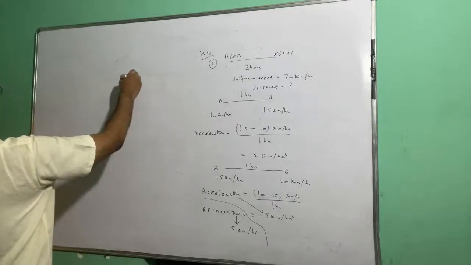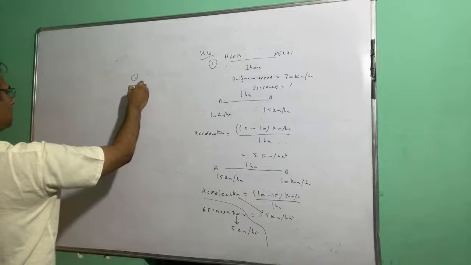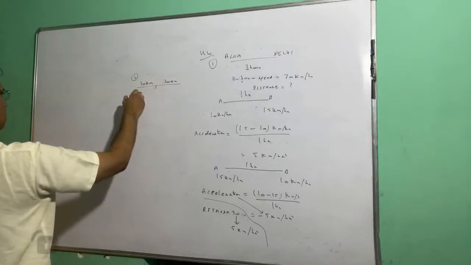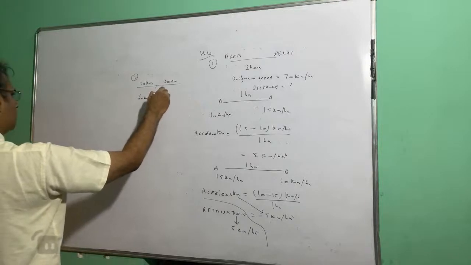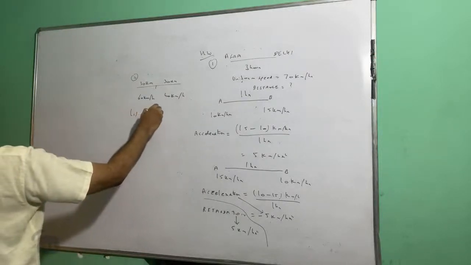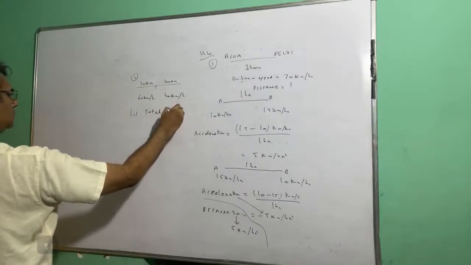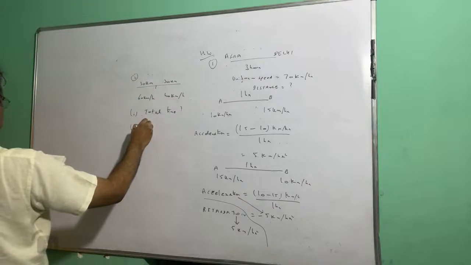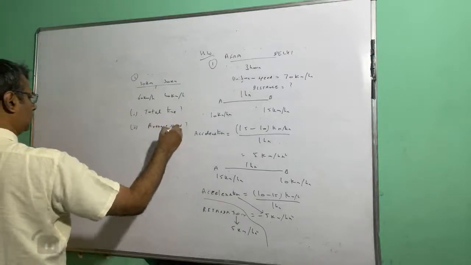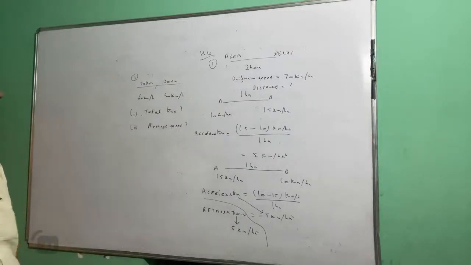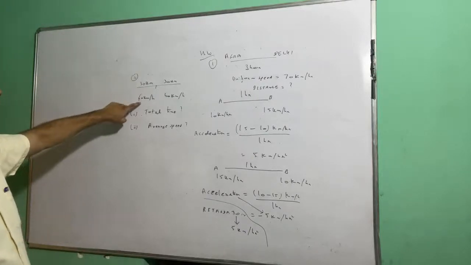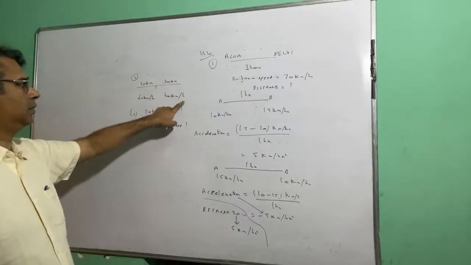Question number 2. There is a car whose journey first 30 km speed is 60 km per hour and next 30 km speed is 40 km per hour.